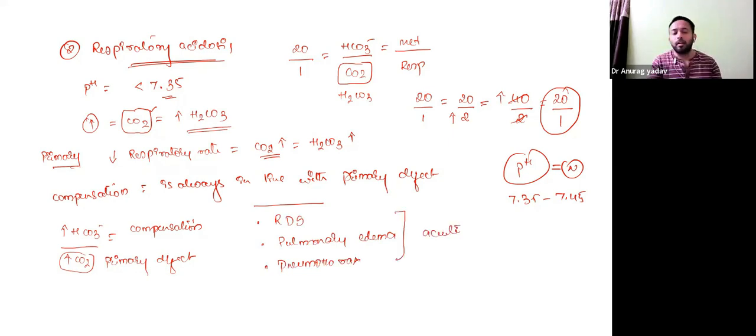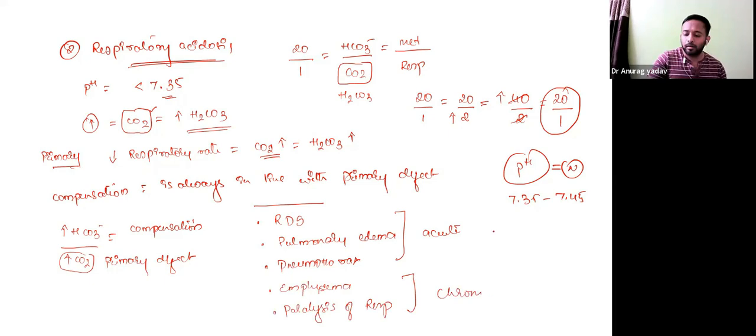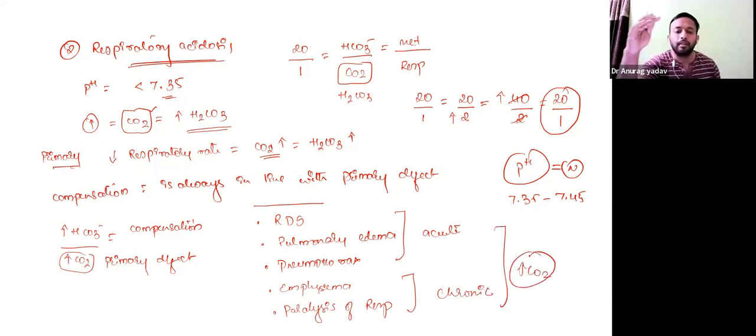There can be chronic conditions like emphysema, or paralysis of the respiratory muscles, or any head trauma. So these all can be chronic causes where carbon dioxide is retained. There is increase in carbon dioxide, which is the primary defect of this whole process of respiratory acidosis.